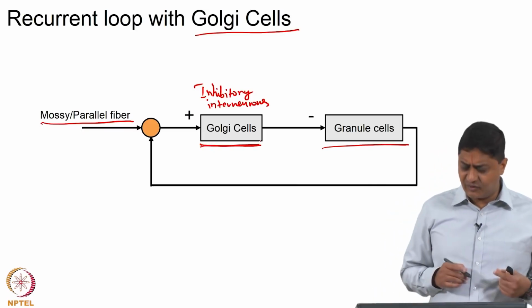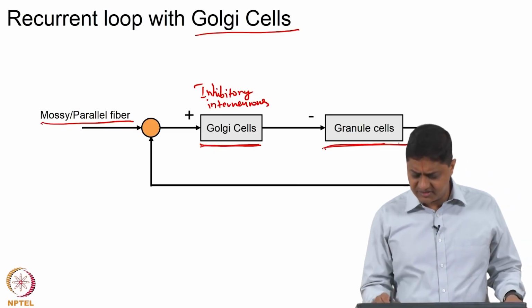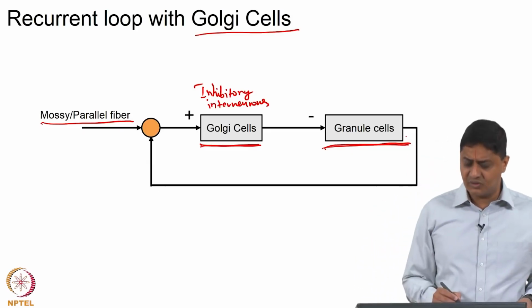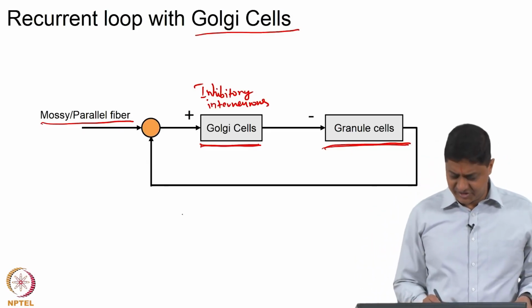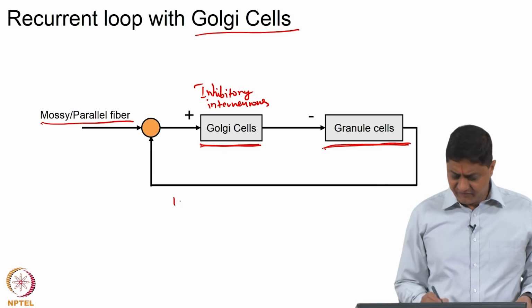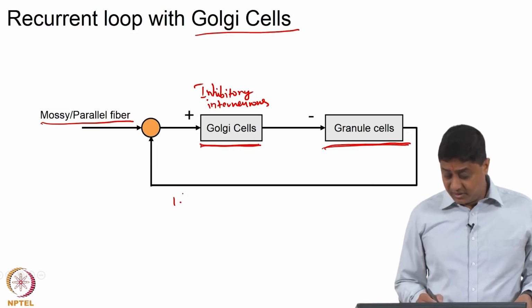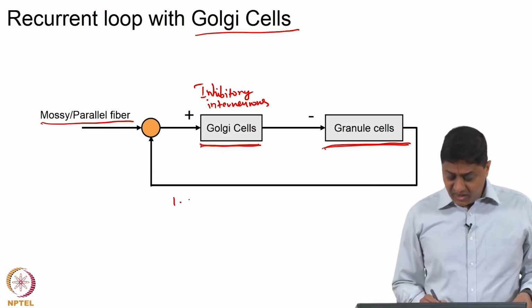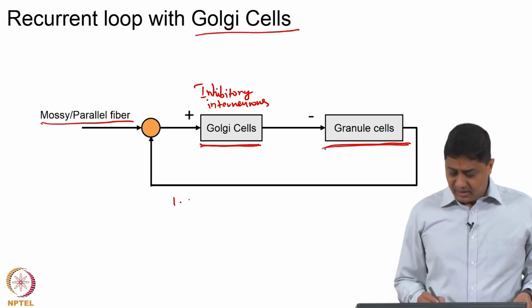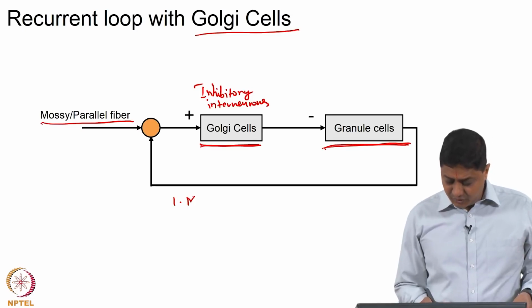What could be the effect of Golgi cell activity on granule cells? Well, there are two ways in which Golgi cells could affect the functioning of the granule cells. First is it could affect the magnitude of the total response.